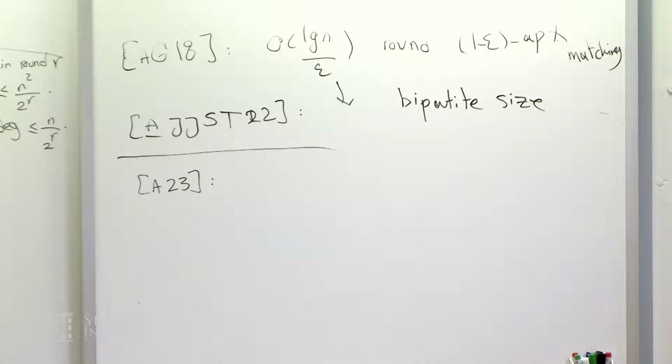And then instead of just removing things, I'm not going to remove anything. I'm going to reweight my edges. I'm going to say that some edges are more important. Okay. And the way to do that is that you look at the edges that if you sample them, they would have given you a larger matching. And then you just increase their weight. Okay.